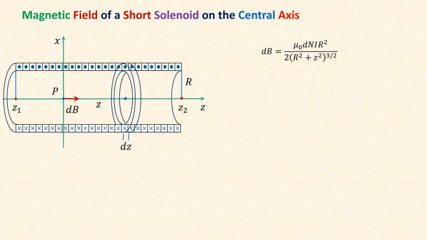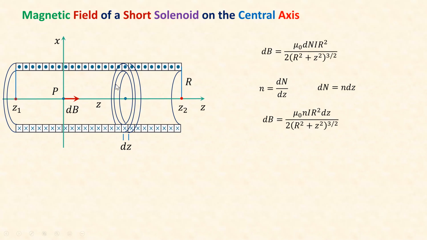And how do we find dN? We said that for a solenoid, the number of turns per unit length is called lowercase n. I forgot to say that. N in that formula was the number of turns per unit length. So n is the number of turns per length of this part. So dN is actually n dz, and we can replace dN by n dz. So the formula becomes like this: mu naught n I r squared dz divided by this.